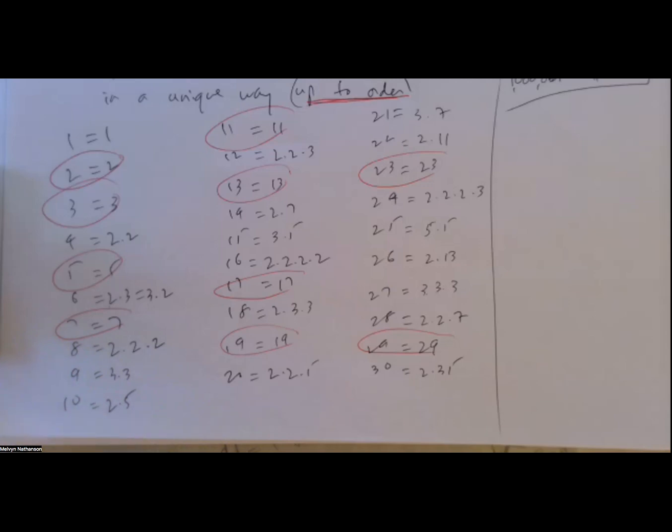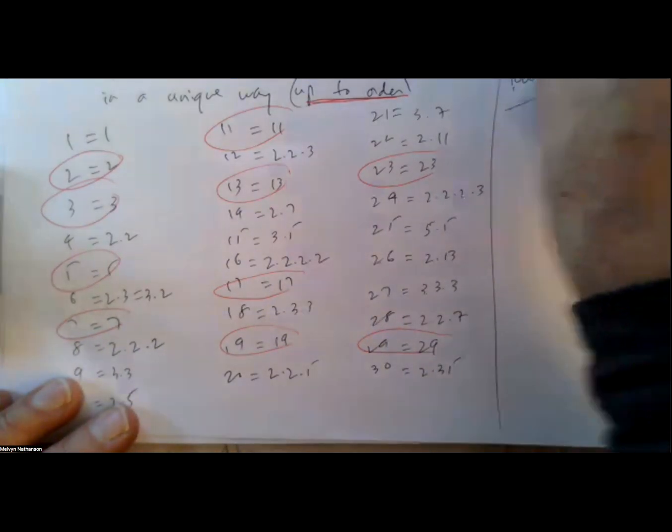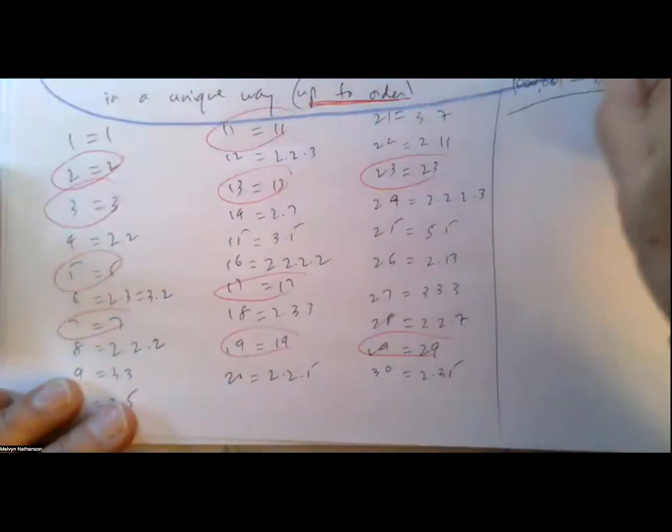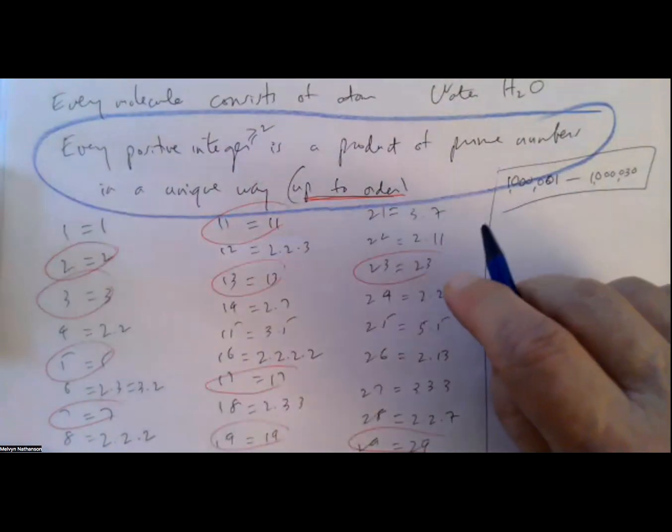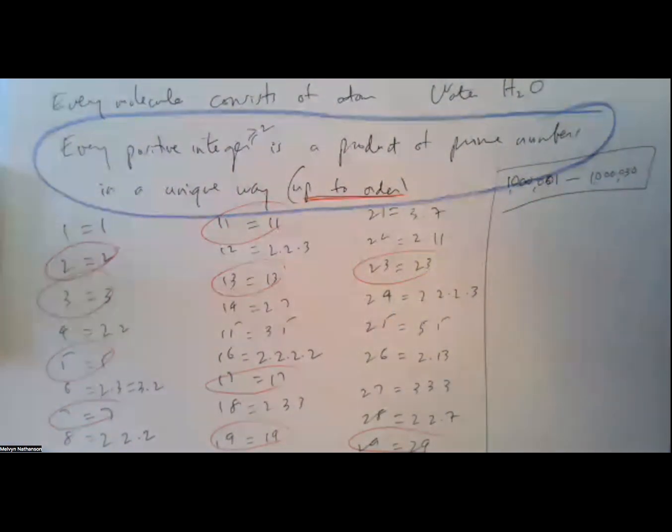So let me sketch why this statement is true: every positive integer is a product of prime numbers in a unique way up to order.